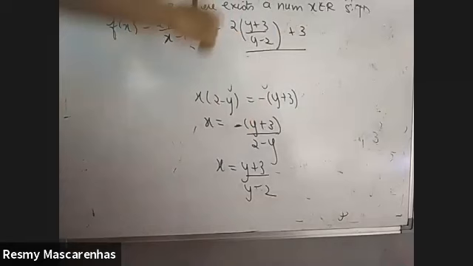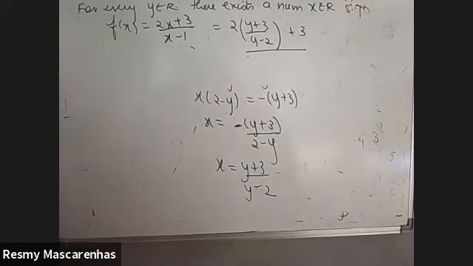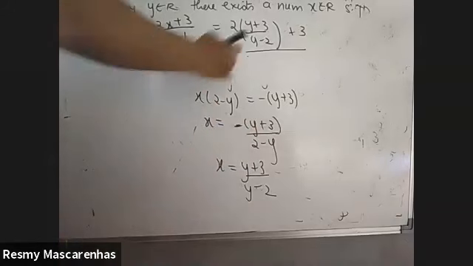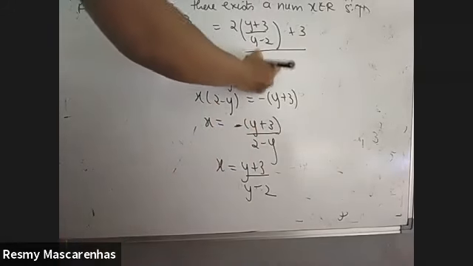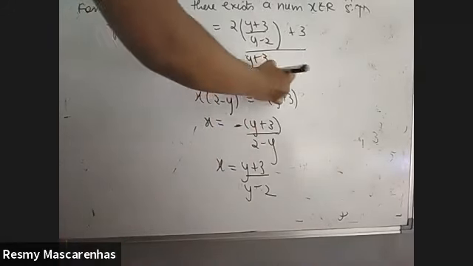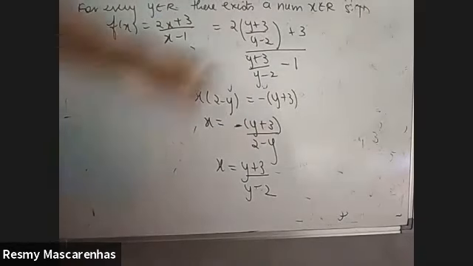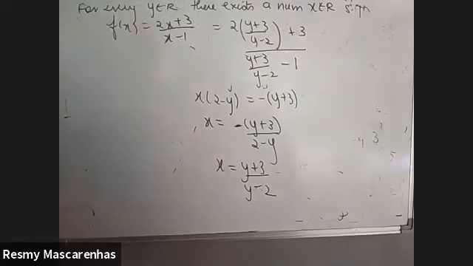And one good thing about this is you know that the answer should turn out to be y. If it is not turning out to be y, it means somewhere you have done wrong. Now cross multiply and find the answer.